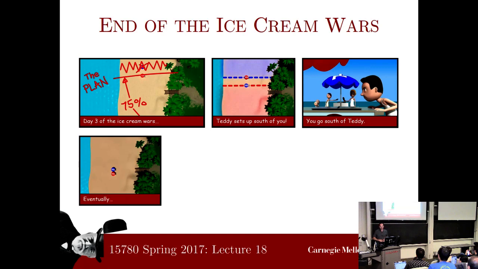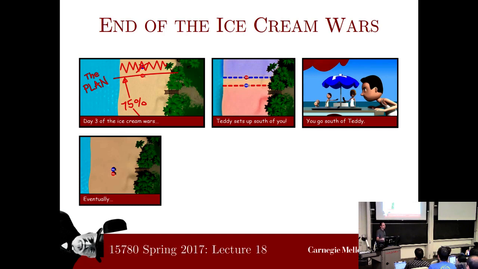Every time one of us is not at 1/2, say one of us is north of 1/2, the other can set up just a bit south of the other player and get the majority of the customers. And if one player is south of the 1/2 point, then the other sets just a bit north and gets more than 1/2.